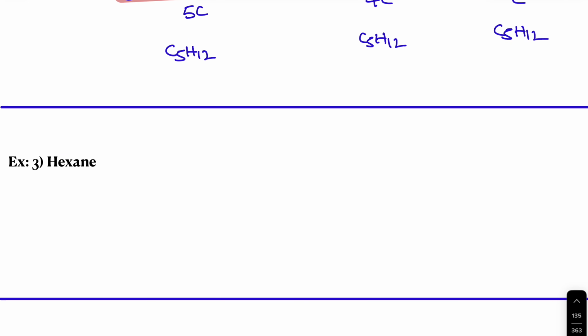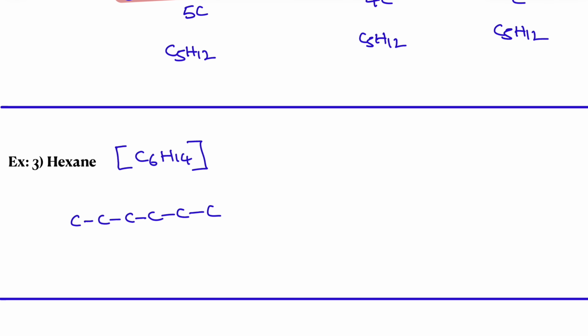So let us take one more example, that is a hexane. Hydrocarbon, degree of unsaturation is 0. So 1, 2, 3, 4, 5, 6 carbon, 6 carbons in chain. Now I am taking 5 carbons. Here one branch I am taking. Next let me take 4 carbons.